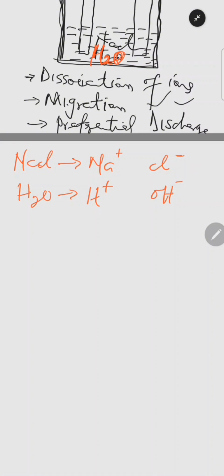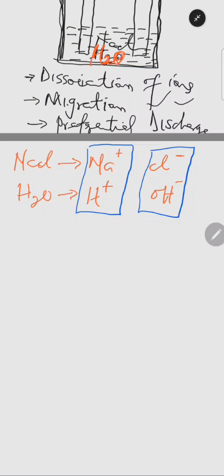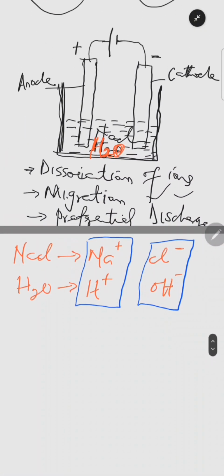Now, that means we have two types of ions on ground. The positive ions, and we have the negative ions. Now, like charges repel while unlike charges attract. The negative ions will be attracted to the anode, while the positive ions will be attracted to the cathode.